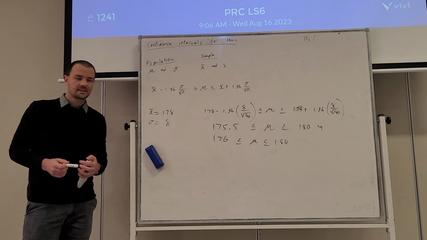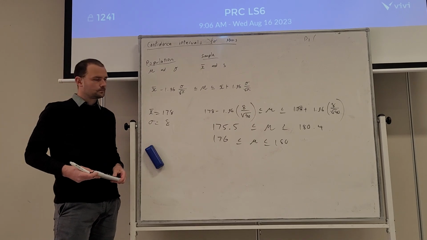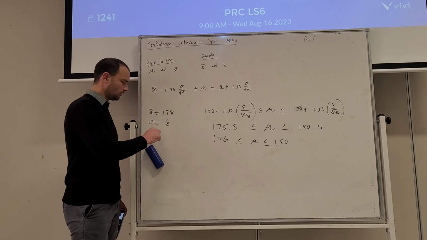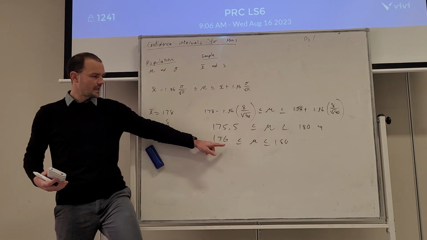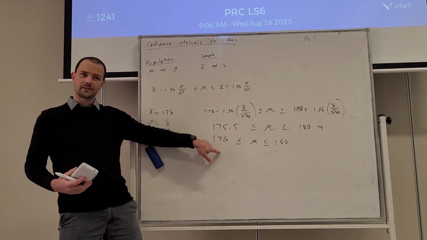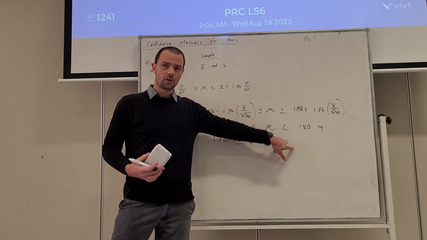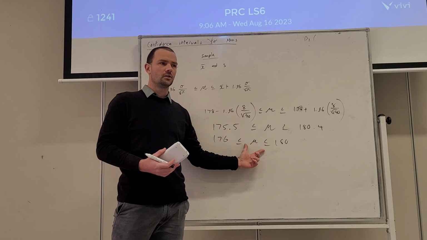Okay, so here comes the interpretation. This is a confidence interval. We've performed a sample of 40 people, 40 year 12 students, and based on the confidence interval, we're saying the true mean lies between 176 centimetres and 180 centimetres. We don't know what it is, but we're 95% confident that it's in that window.